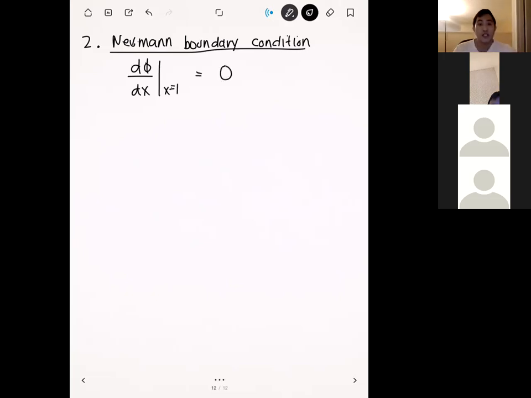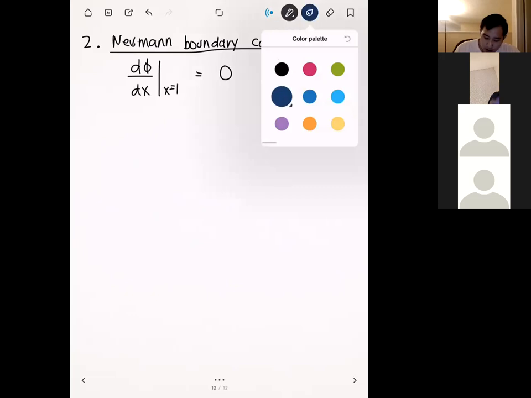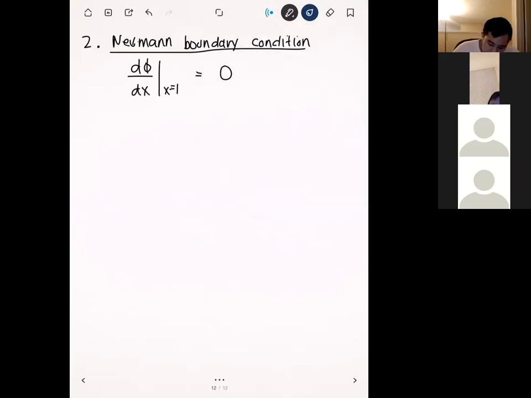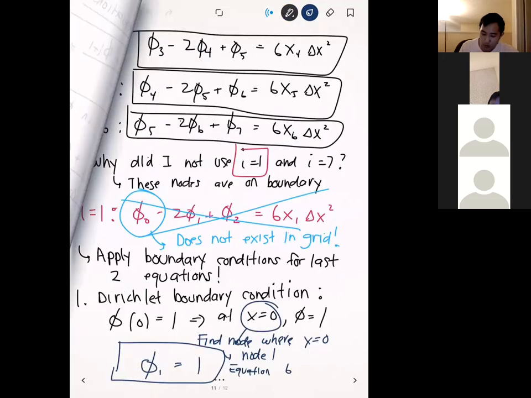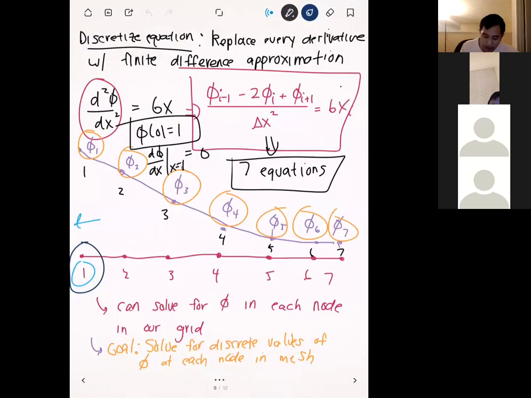It basically says that the derivative of the solution at x equal to 1 is equal to 0. Once again, let's find out which node we're going to apply this on. Let's look at our domain and find out which node corresponds to the point x equal to 1.